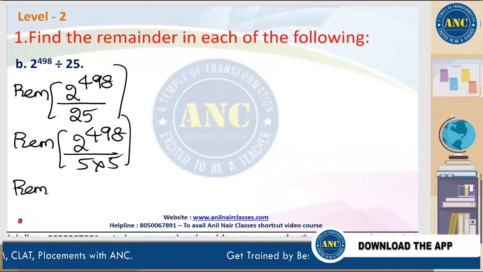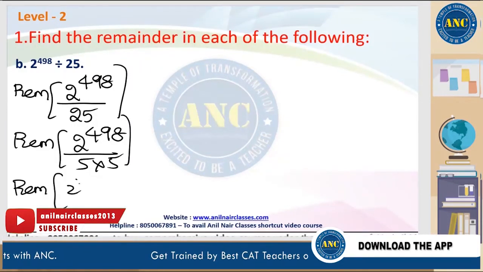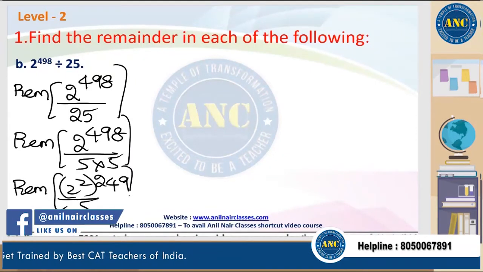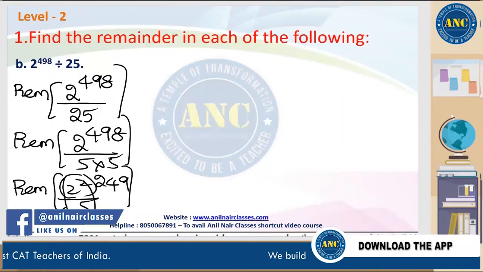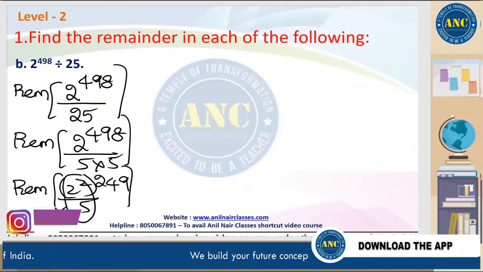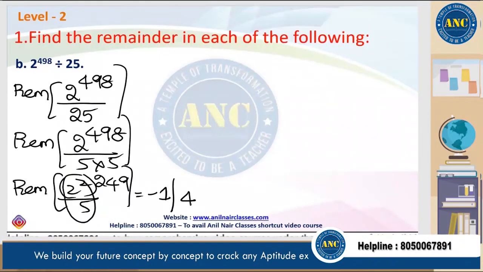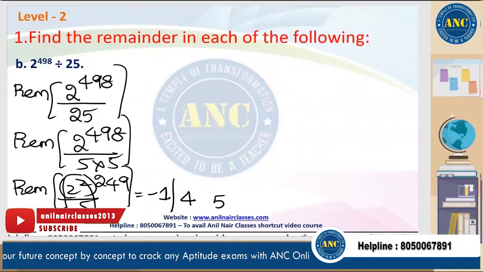Check with 5 first. Which power of 2, when divided by 5, gives the remainder? 2 square power 249 divided by 5: 4 by 5, that is 5 ones are 5, minus 1 power odd is minus 1. Minus 1 means a negative remainder, so add the denominator.